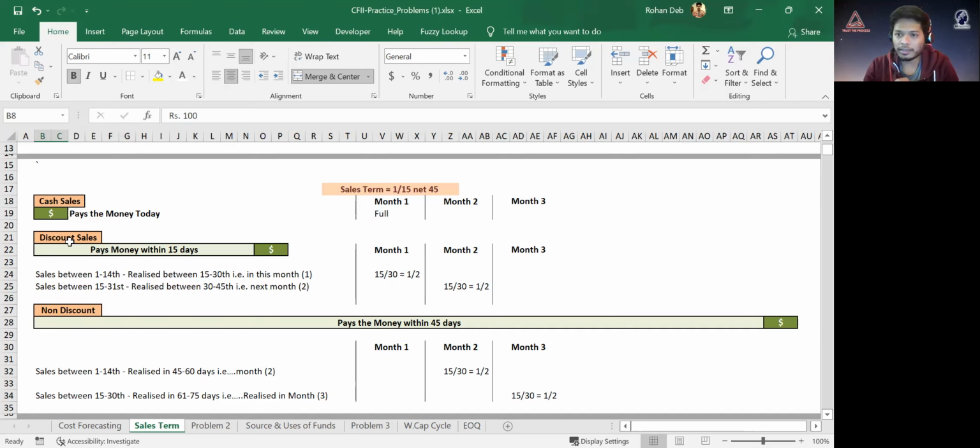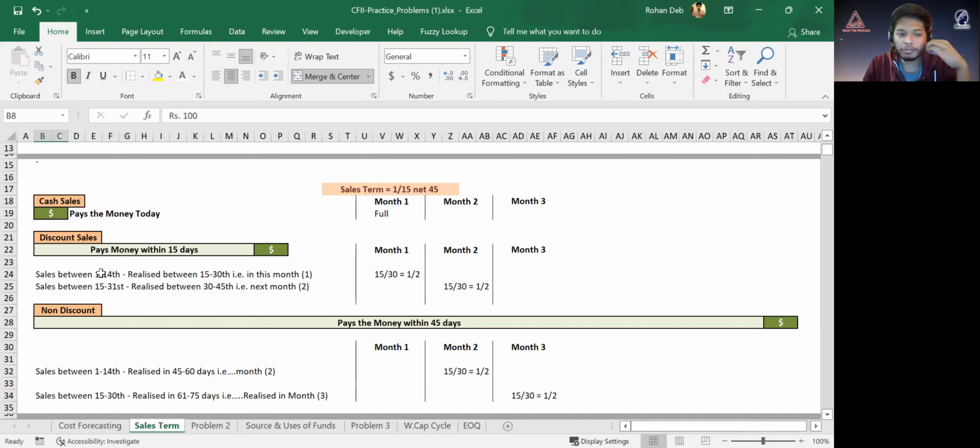If you are discount selling, so if the person gives you back the money within the discount period, which is 15 days, then the money for the sale you did on the first will be received on the 16th. The second will be received on the 17th, plus 15 days. I'm assuming 15 days.